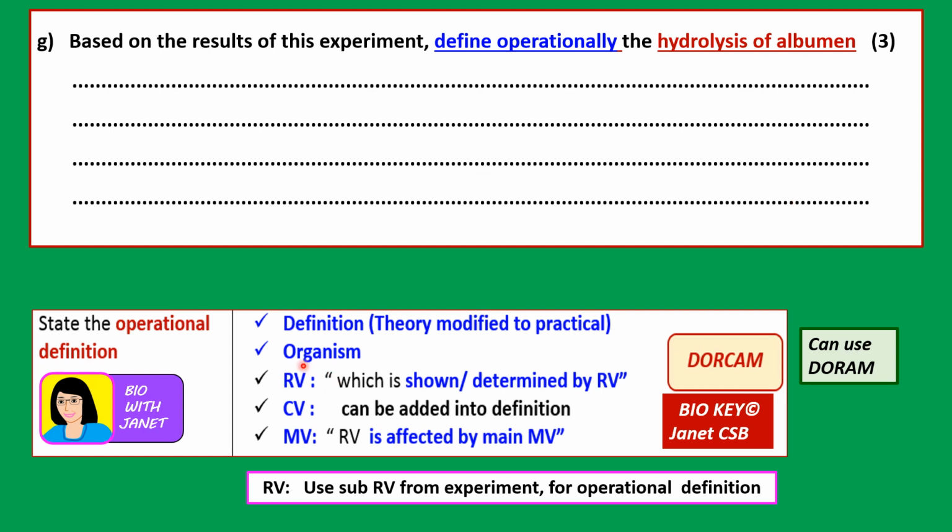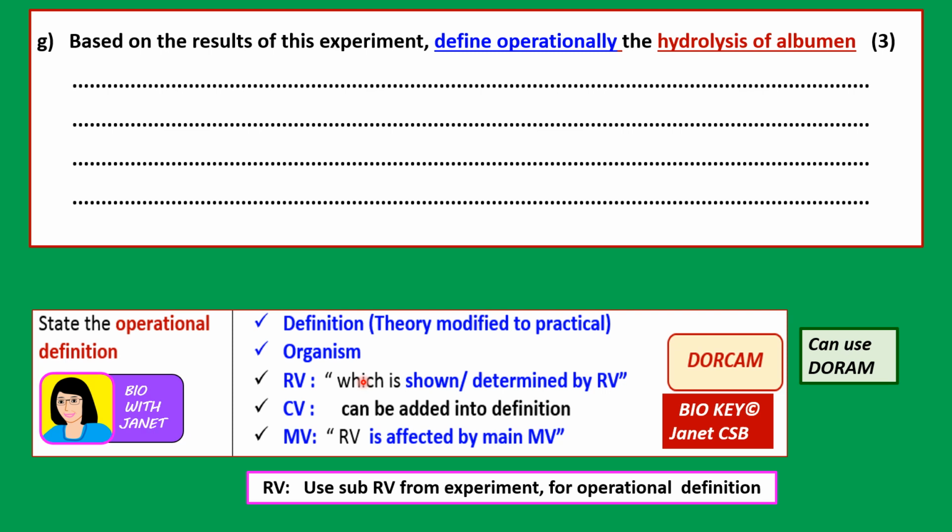Just a recap now. For operational definition, you must have the basic definition first, and then include the organism, and then you use the basic theoretical definition and modify it to the practical, to the experiment. Modify it based on the experiment. So you must mention the RV by using this phrase.